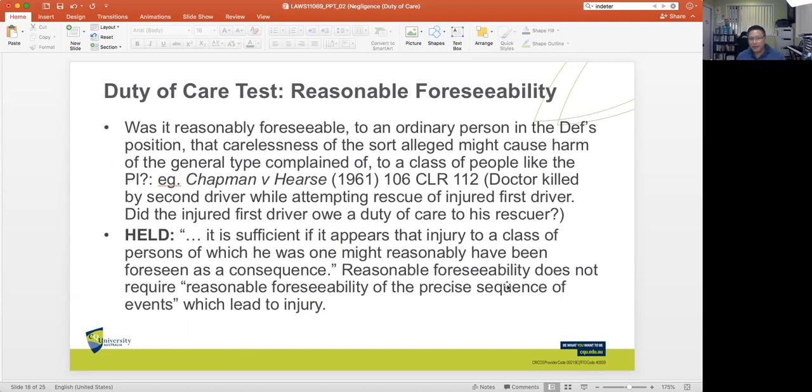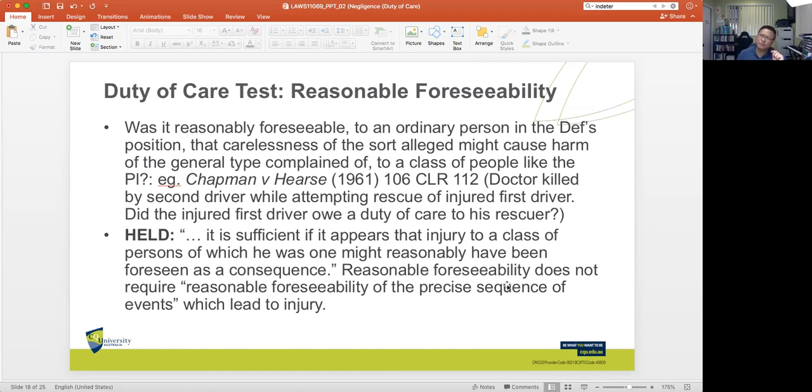In this particular case, there was no doubt that the second driver could be held liable for the tort of negligence. But the second driver then sought to make Chapman a co-defendant, as he was responsible for the first road accident. So the question then is, did the injured first driver owe a duty of care to his rescuer? Okay, so think about that.